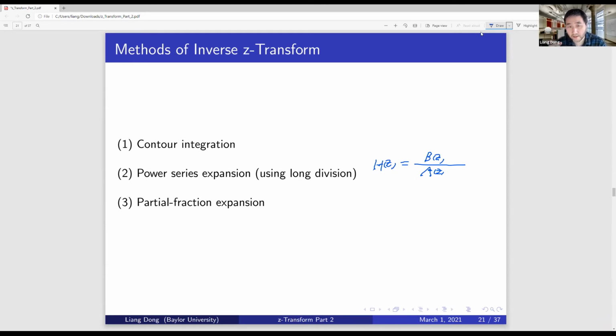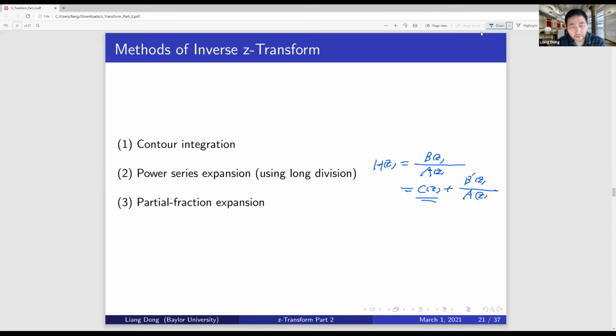The only problem is that when you do a long division, there may always be some remainder. Now I want to make this equal to another polynomial, but somehow you will have a remainder, which I call B prime. When the order of B prime is smaller than the order of A, you will still have this rational term. It's not going to be written out as a very nice polynomial, so the long division has some problems.